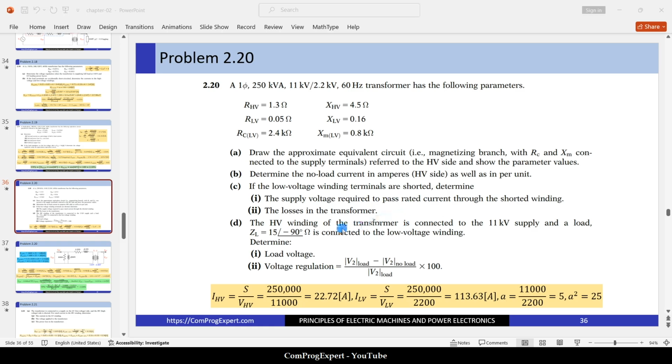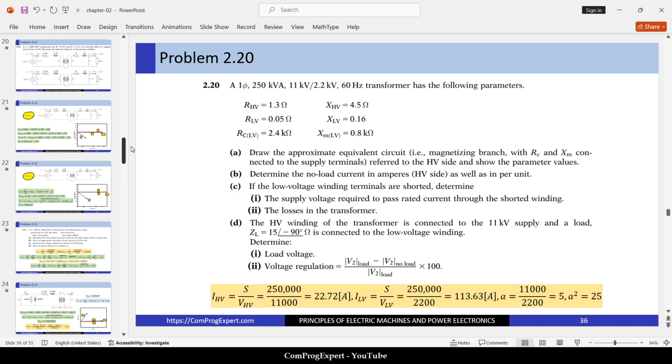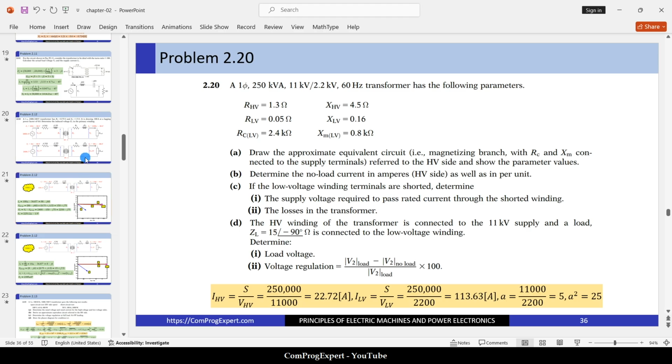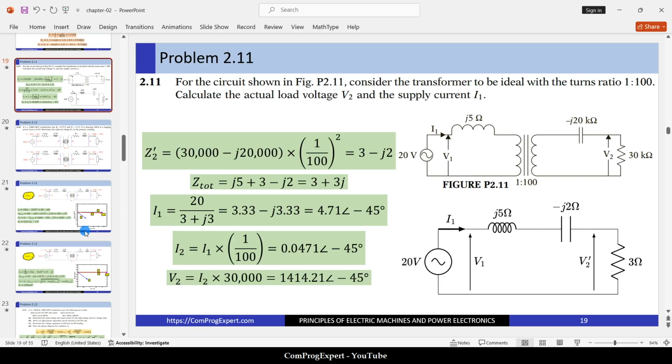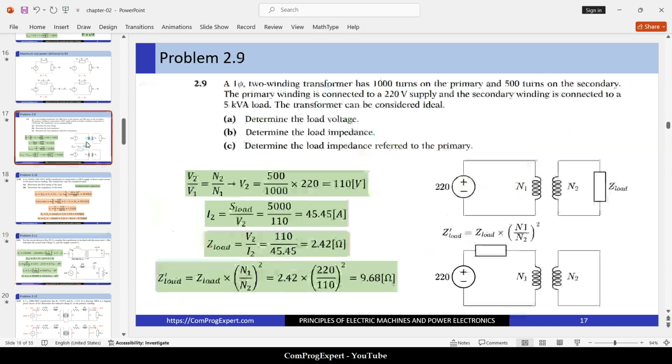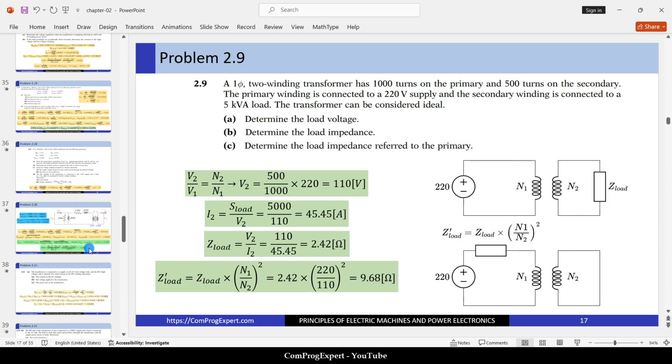So in this case, we can use a similar method that we used to solve this problem. We referred quantities and calculated the load voltage to solve this problem.